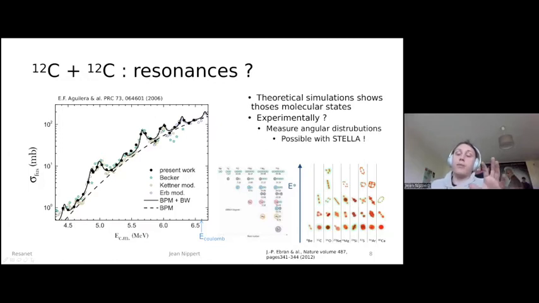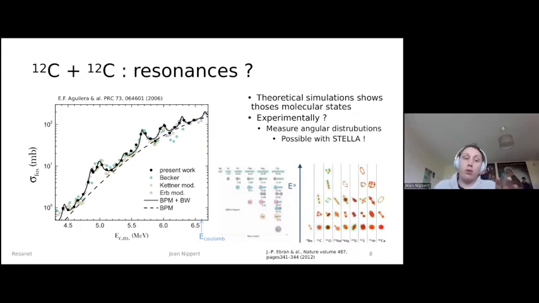Those molecular states are really important because they are favorable configurations that will increase the cross section. And experimentally, we can measure those states by measuring the angular distribution, and this is possible with the STELLA experiment, but I will talk about it a bit later.